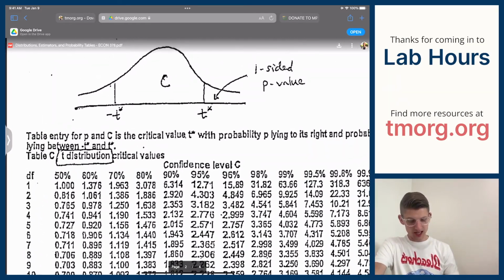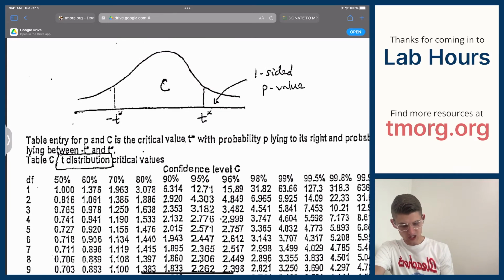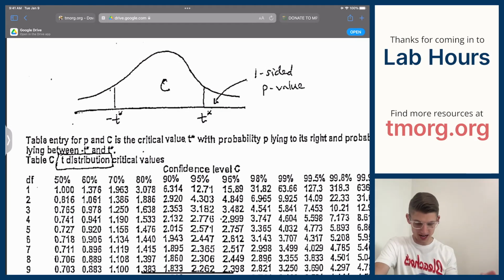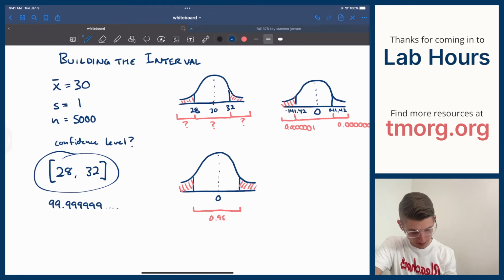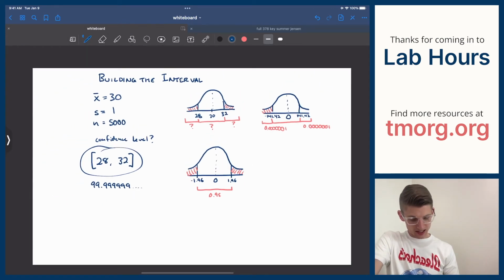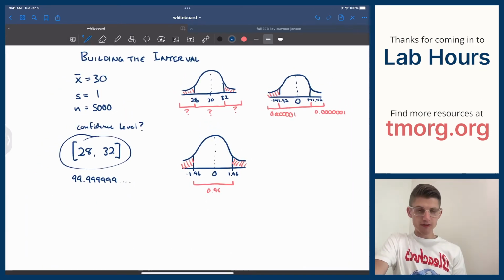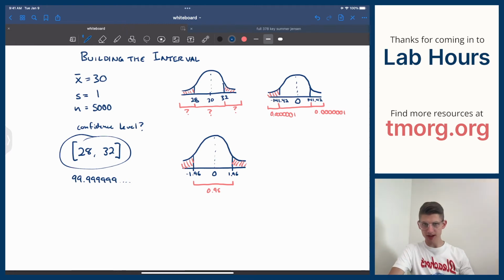So basically, the numbers at the bounds, this T star and negative T star, or Z star and negative Z star, that will give me 95% in the middle, a 95% confidence interval, are 1.96 and negative 1.96. So let's make that 1.96 and negative 1.96. And now let's say, okay, now that we have those critical values picked, those critical Z scores, those Z scores that will build me my confidence interval at the level that I would like, okay?